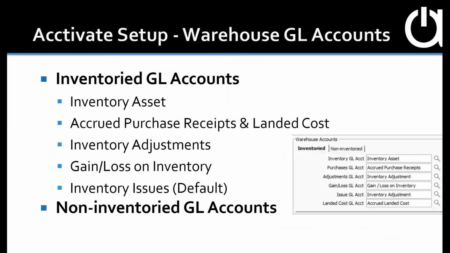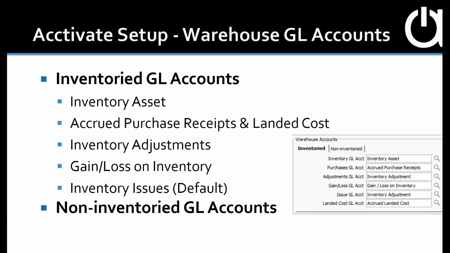Okay, this is where I talked about the warehouse setups. When you get into setting up Acctivate, and we're going to talk about these accounts, in your warehouse setups each warehouse carries its own valuation. That's different than QuickBooks. In QuickBooks, it's one value. If you have Enterprise Platinum with multiple sites turned on, it still carries one average weighted cost across all of your warehouses.